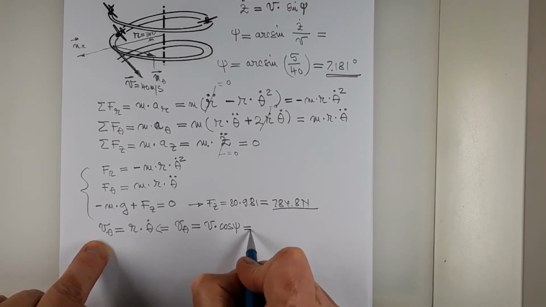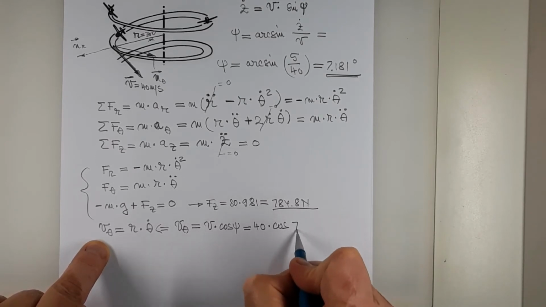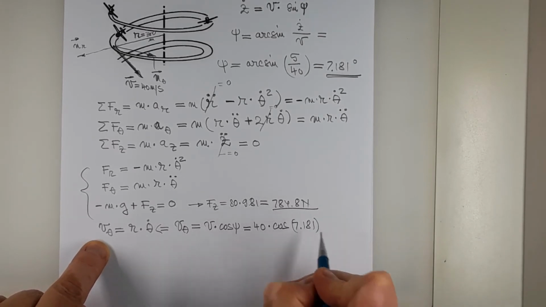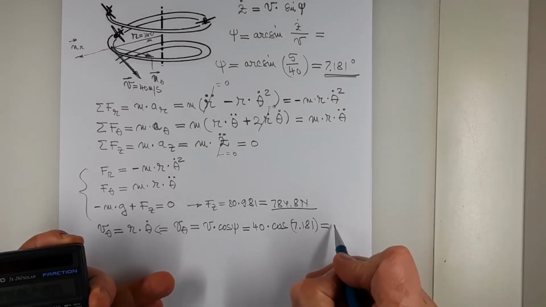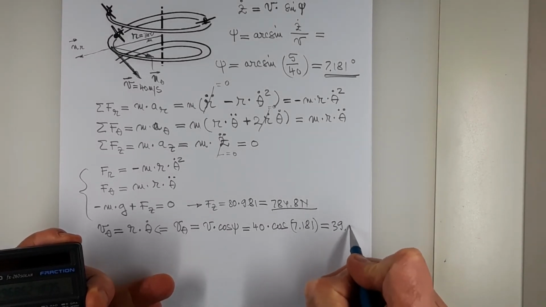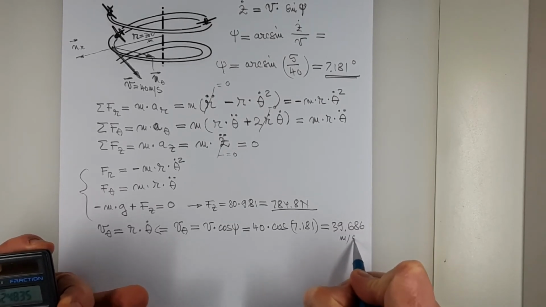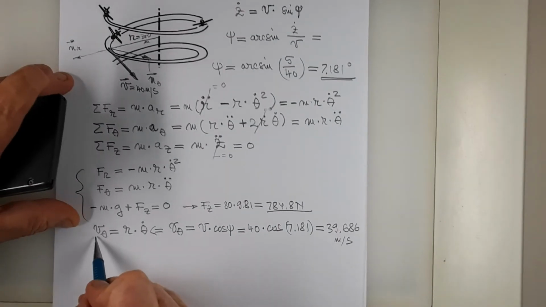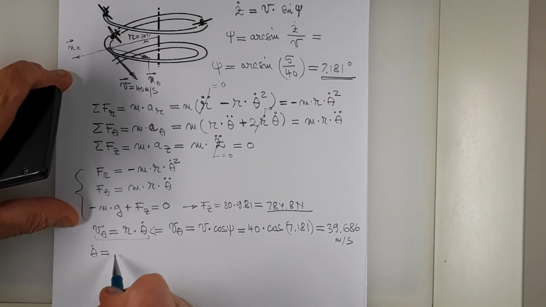Okay, so that's 40 times cosine of 7.181 degrees, and times 40 equals 39.686 meters per second.